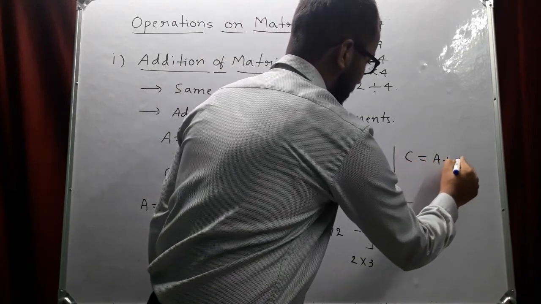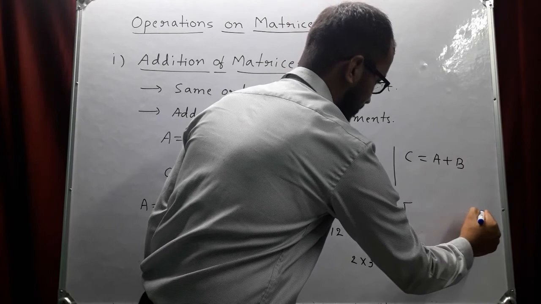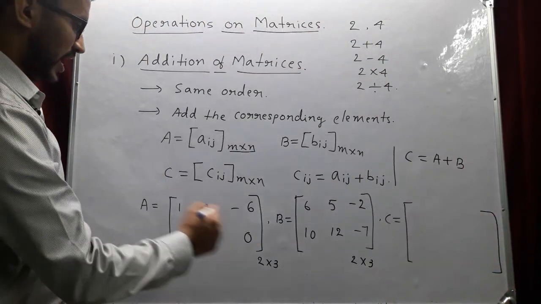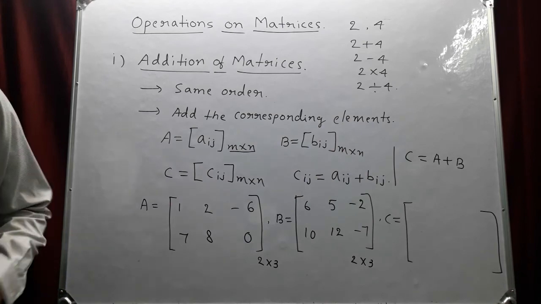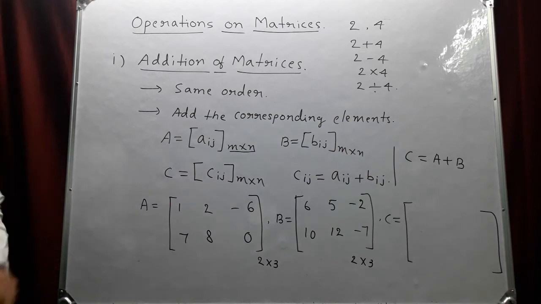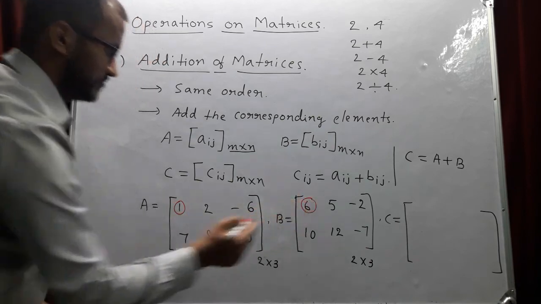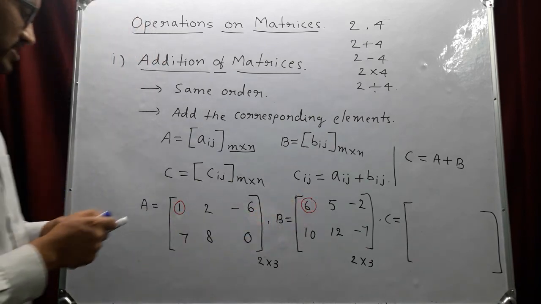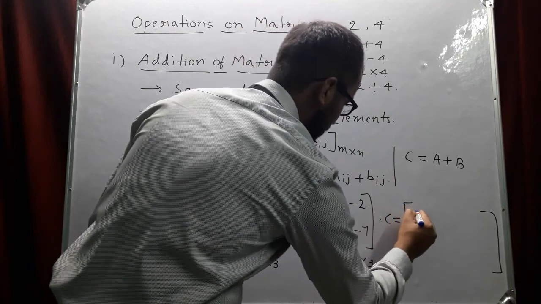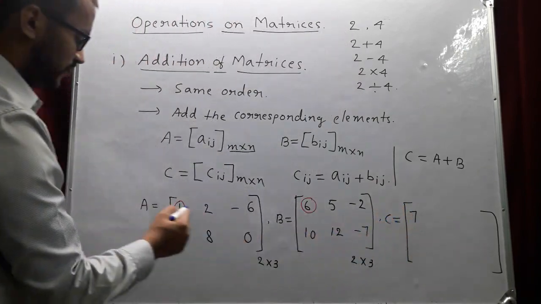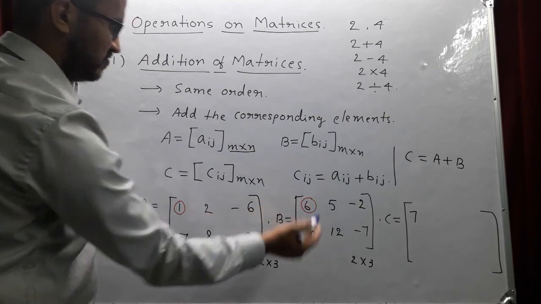Then the matrix C is nothing but the sum of the matrices A and B. The matrix C is obtained by adding the corresponding elements. So first you have to add 1 and 6. If you add 1 and 6, you will get 7. So that is C11 equals A11 plus B11.